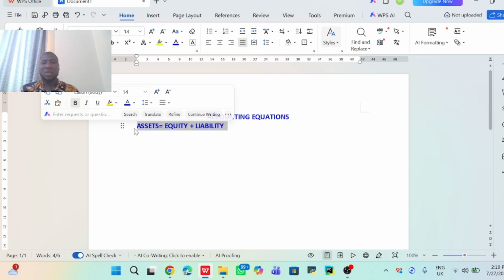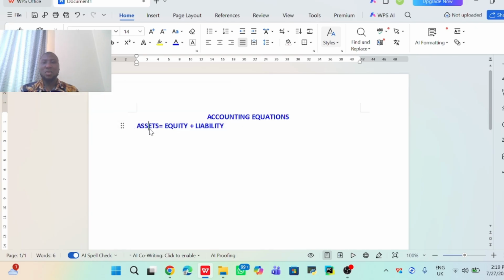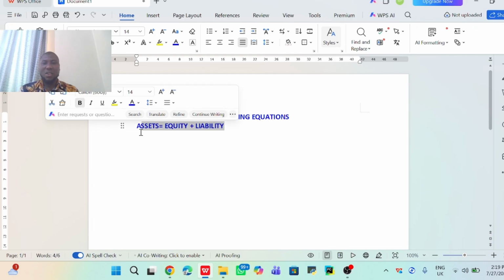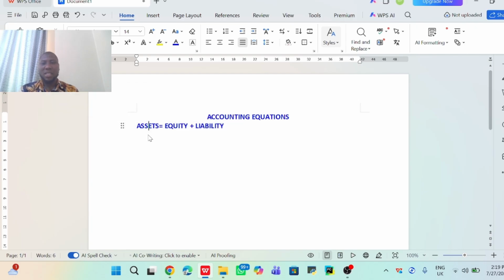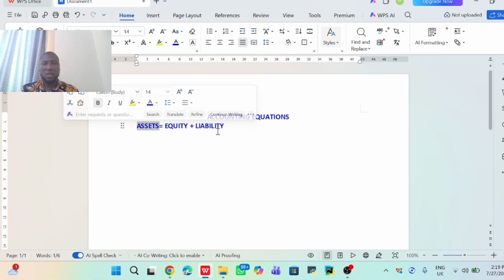This is as simple as this. This is the accounting equation we are talking about. One thing you should know first is that to know our asset, we have to add equity plus liability together to get the value of our asset.